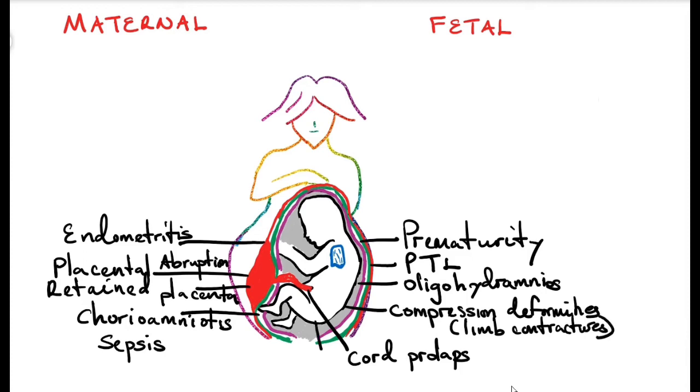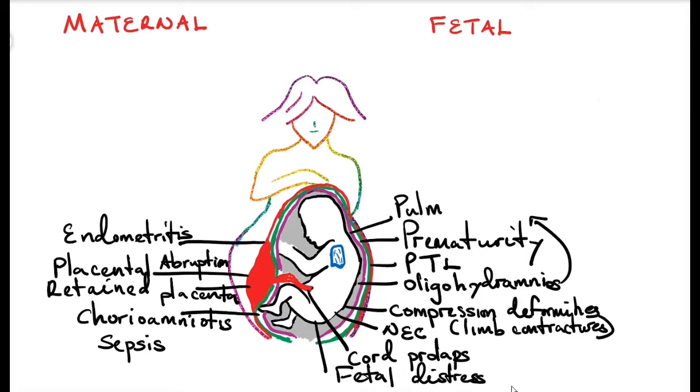And they're also at risk of fetal distress because of placental abruption, cord prolapse, and chorioamnionitis. They are also at risk of necrotizing enterocolitis. This is because of prematurity. Oligohydramnios is also associated with pulmonary hypoplasia, and pulmonary hypoplasia is also associated with prematurity.